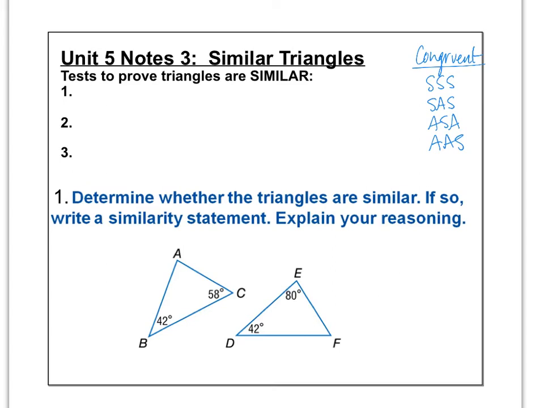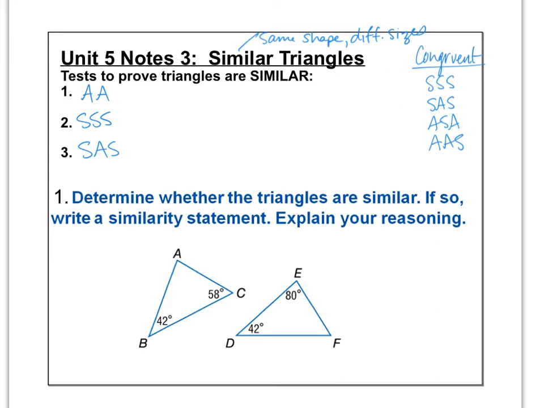Well, there are also some shortcuts for telling if triangles are similar. Remember, similar means same shape, but different sizes, so one might be smaller than the other. Whereas congruent means same shape, same size. Here are the 3 tests: angle, angle; side, side, side; and side, angle, side.